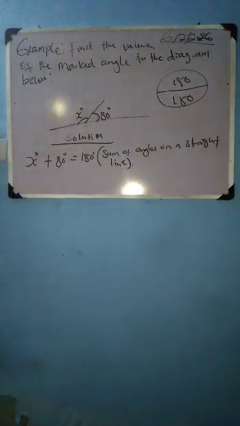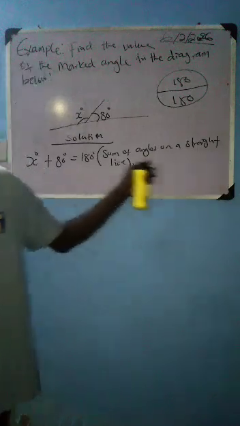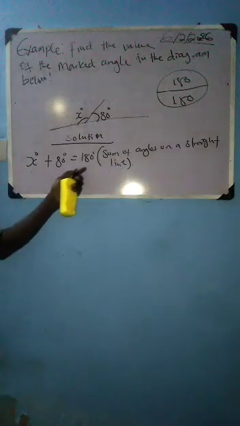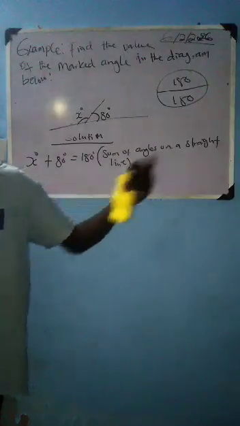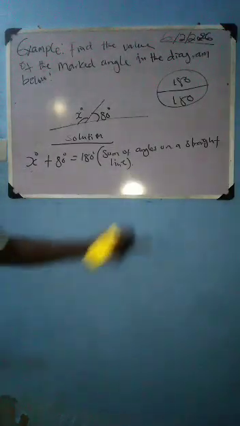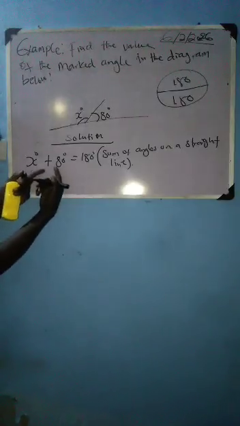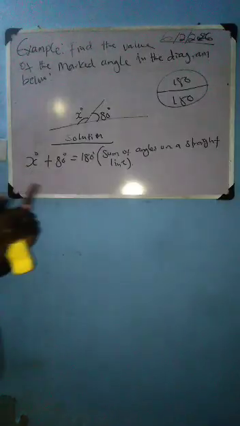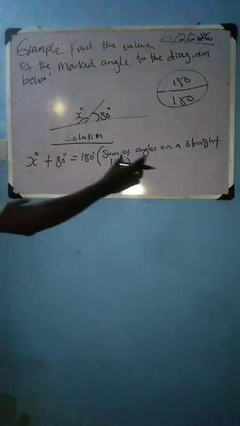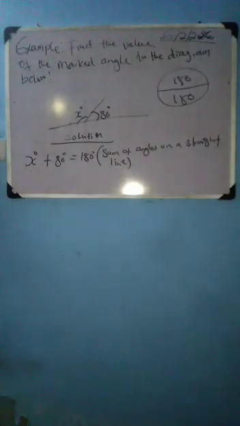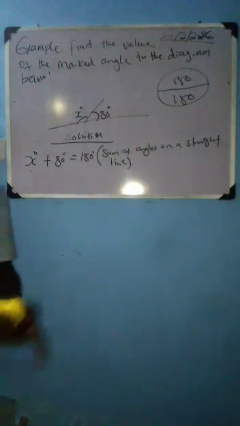You must write this narration. What we did here will not make any sense without this narration. The narration is what tells us what you did, the theorem you are employing. If you fail to write this, you are not telling which theorem you are using, so you won't get the mark.